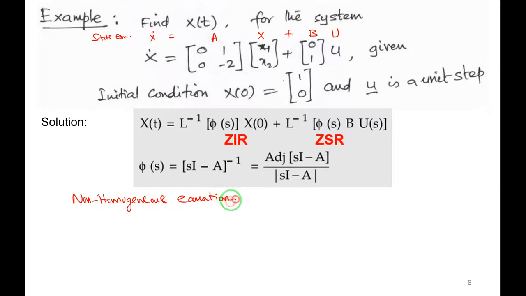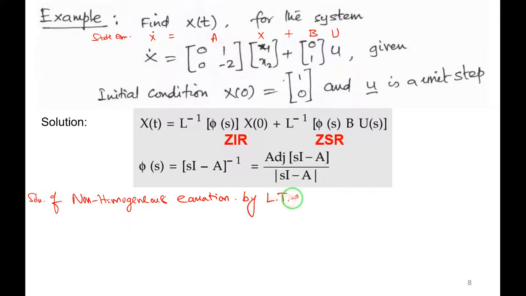The solution of the non-homogeneous equation we have seen, and I have written the solution here. It is the solution of this non-homogeneous equation by the Laplace transform method.